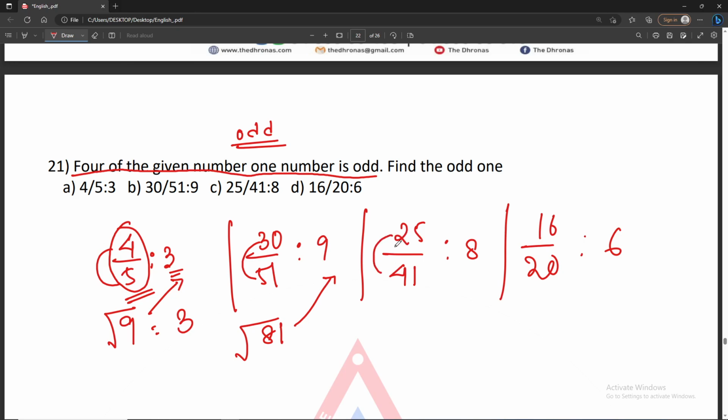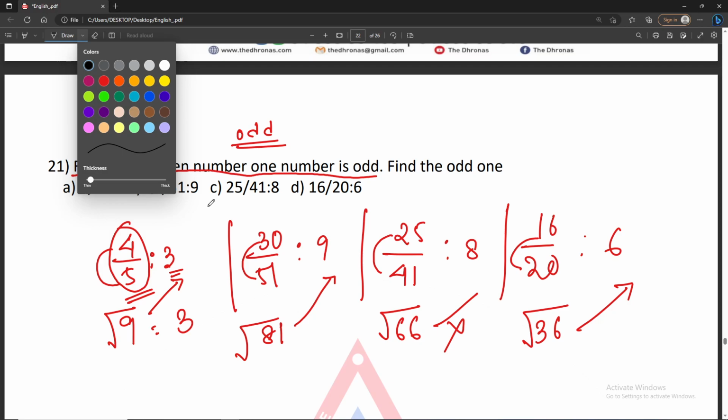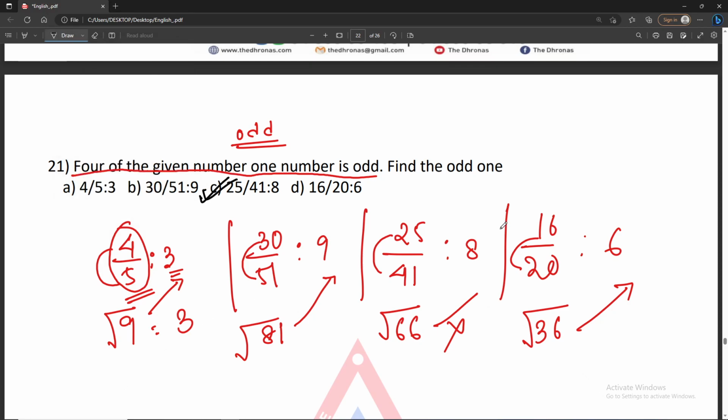Same, here 41 plus 25 comes 66, but 66's root is not 8. And here 20 plus 16 is 36, 36's root is 6. So the odd one here is option C. So the numbers are added and the square root is taken to give the answer.